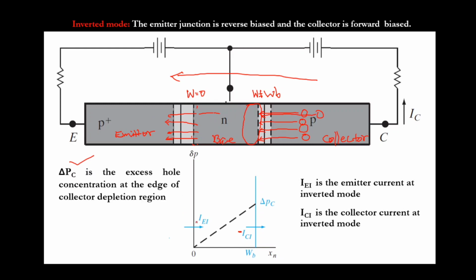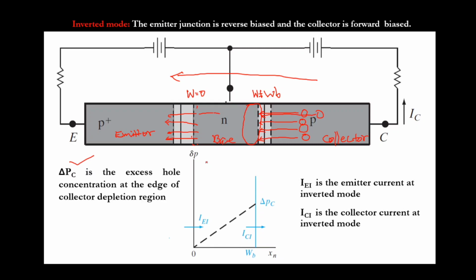Here I mentioned left to right, so this will be minus IE. So we will maintain the negative sign in all the expressions, so no need to mention the negative here. You should remember that even if the direction is mentioned from left to right, the actual current flows from right to left in inverted mode.